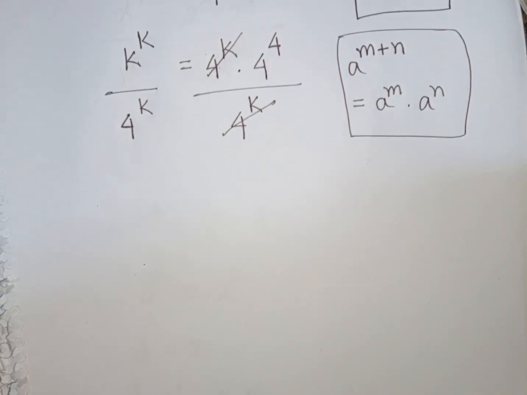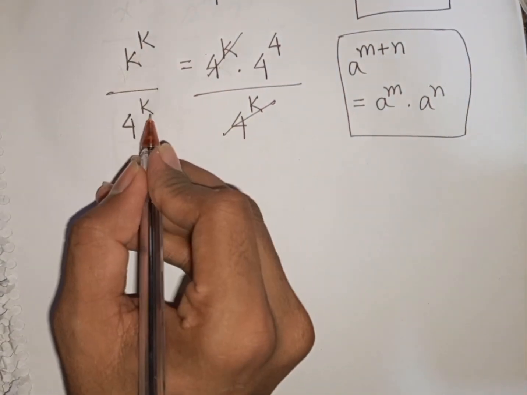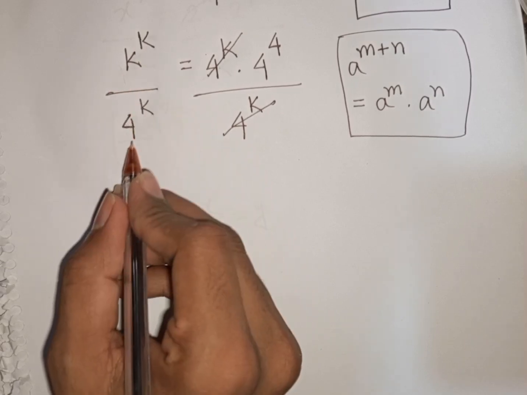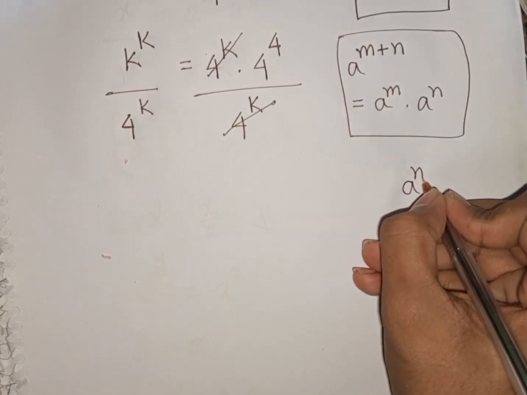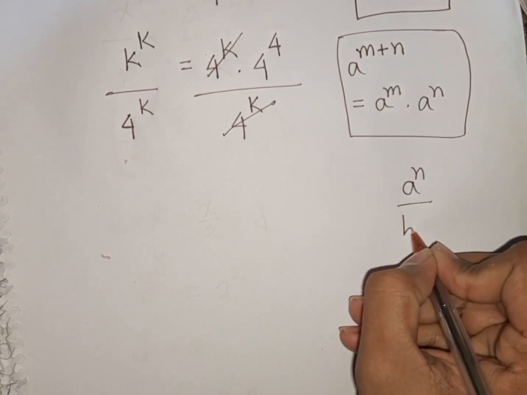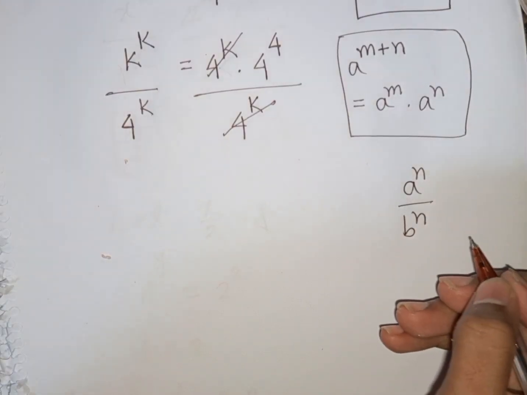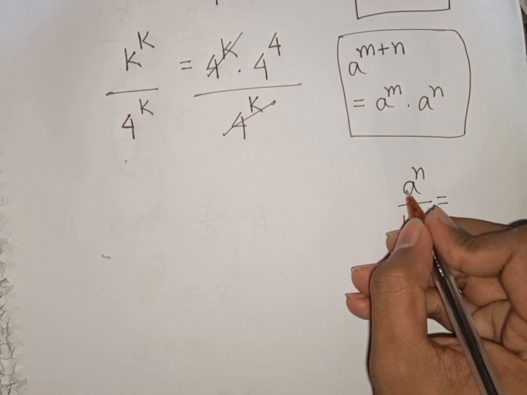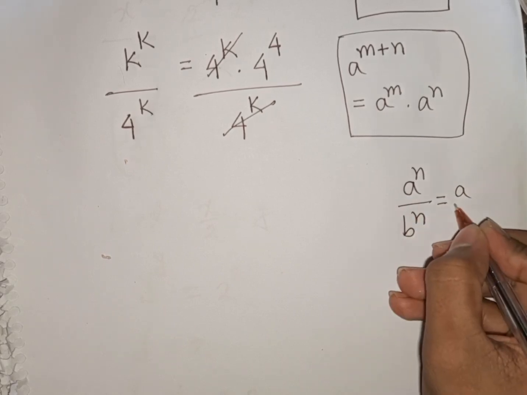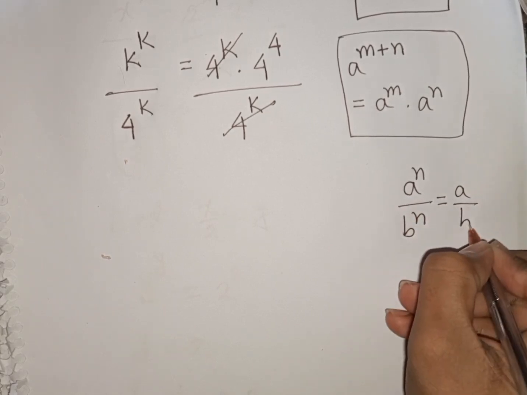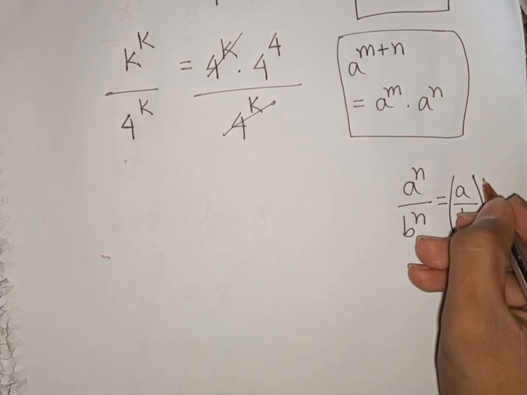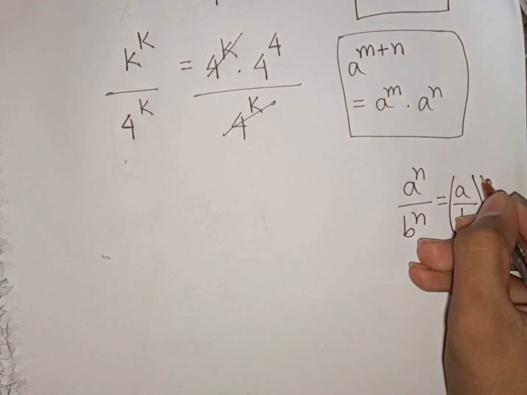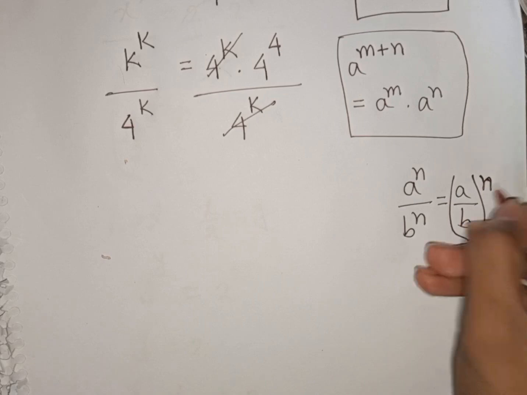Now we see k has the same power but different base. So remember this exponential rule that a power n over b power n is equal to a over b, then bracket common power n.